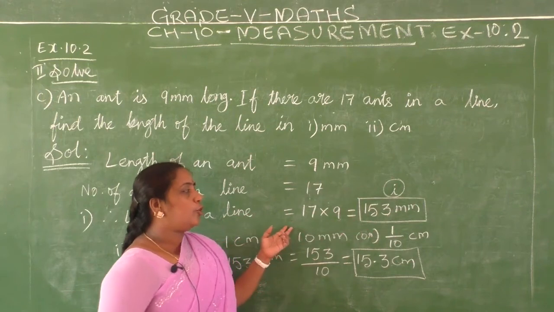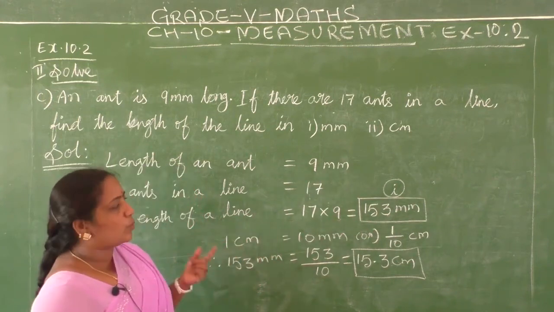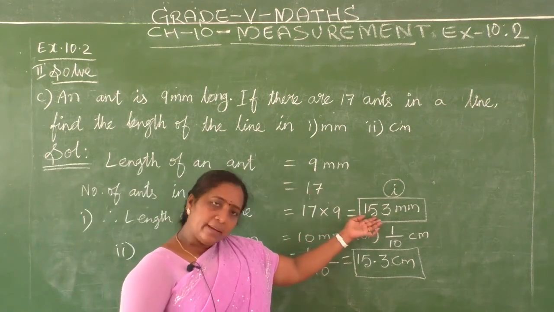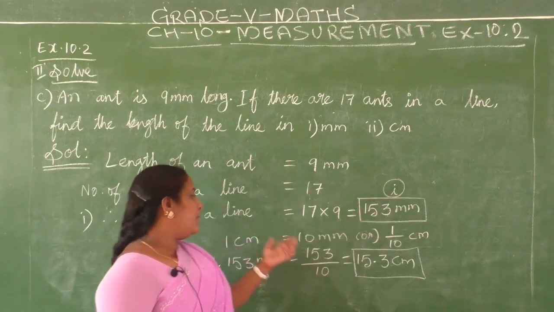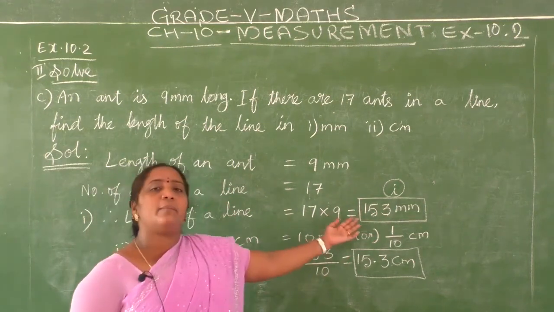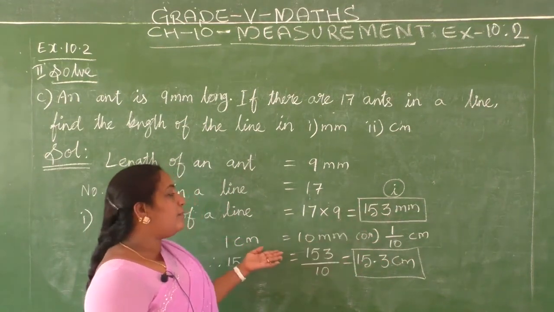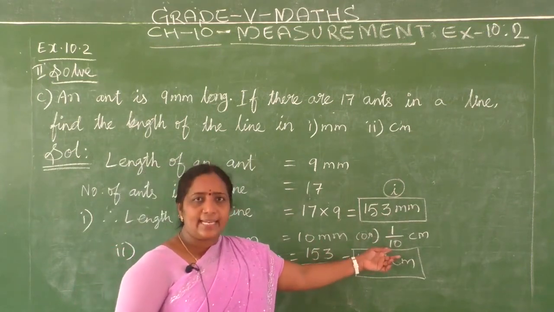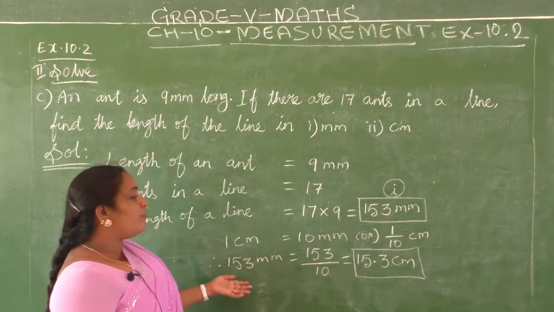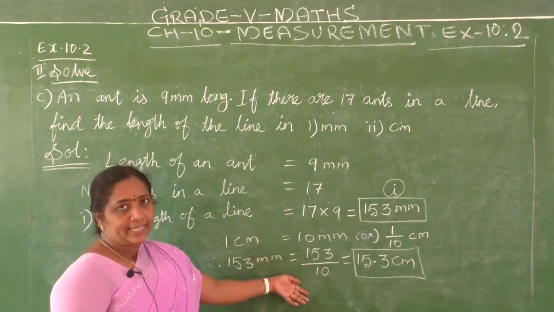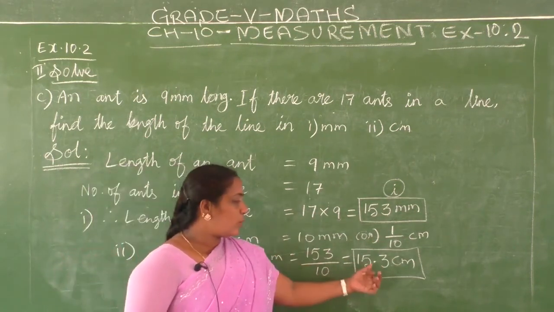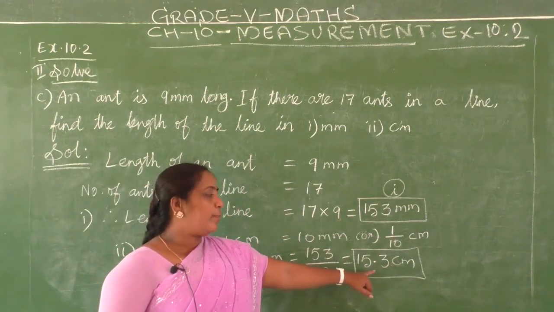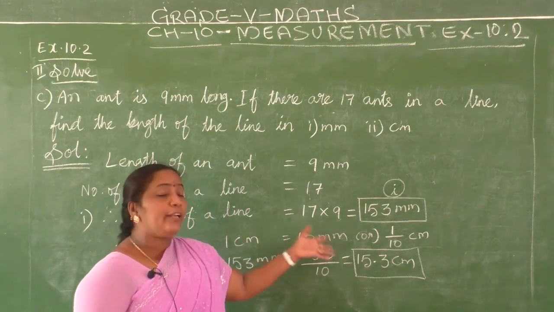They are asking to write the answer in two ways. One is millimeter, we find as usual, 153 millimeter. But in centimeter we have to convert that millimeter into centimeter. 10 millimeter equal to 1 centimeter. We write in a fraction as 1 by 10 centimeter. Therefore 153 millimeter means 153 by 10, that means 15.3 centimeter. The length of the line is 15.3 centimeter. We find the answer in two ways.